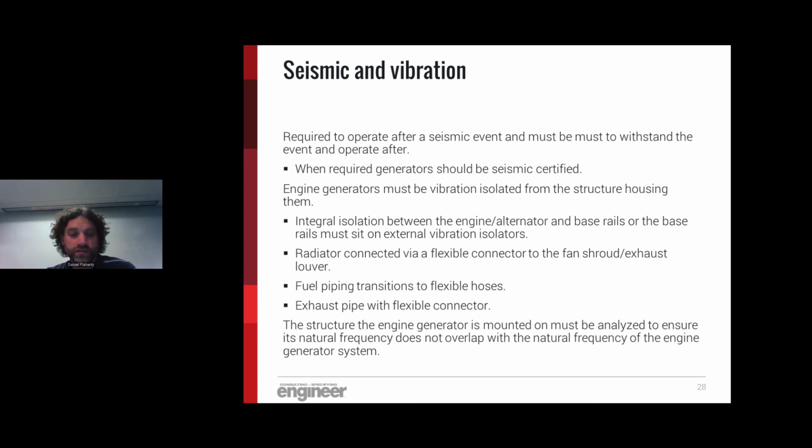And the fuel piping transitions to the engine must be through flexible hoses, and the exhaust pipe or vent pipe must be connected with a flexible connector. Additionally, the structure the engine generator is mounted on must be analyzed to ensure its natural frequency does not overlap with the natural frequency of the engine generator system.